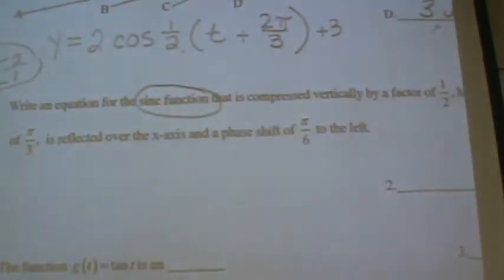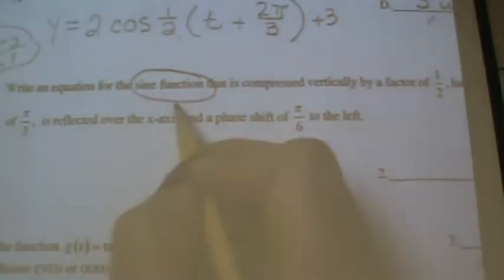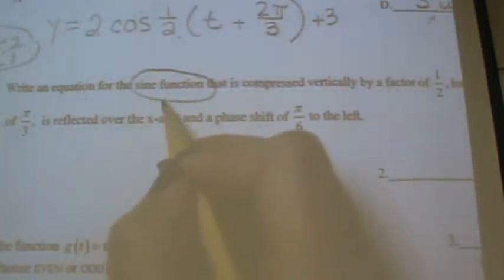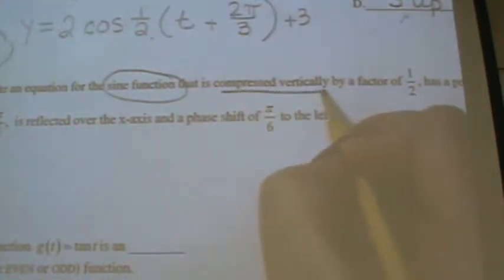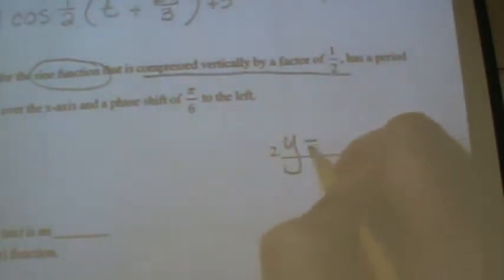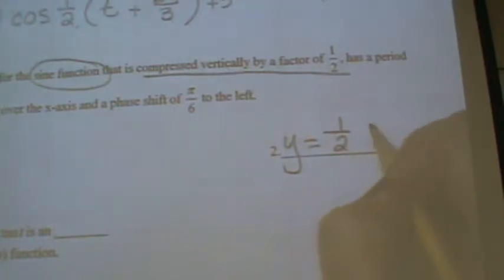Next one, number 2. We are talking about writing a sine function. And we know that the period is 2 pi over b. That's the definition. So they're telling you that this equation is compressed vertically by a factor of 1/2. If it's compressed vertically, the 1/2 goes in front.